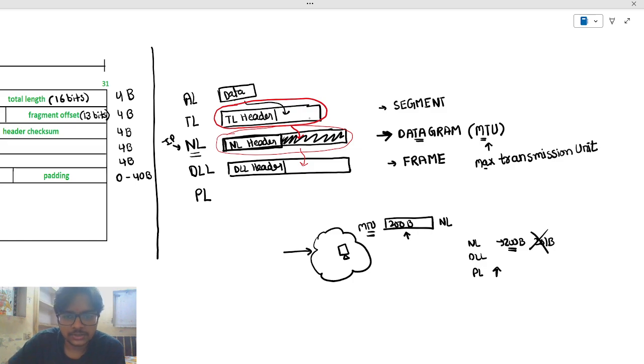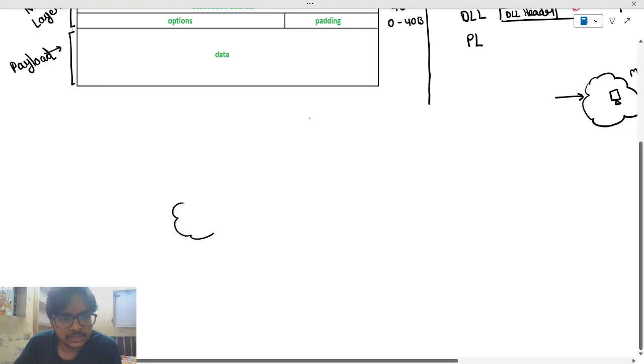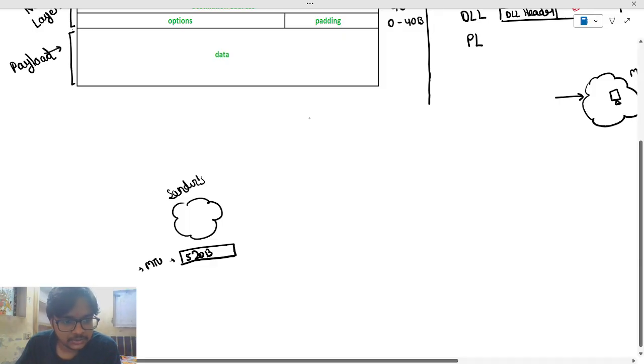Now let's see what's the problem. Suppose this is the sender's network, and the sender's network MTU is 520 bytes. And what is MTU? This is the size of packet at network layer.